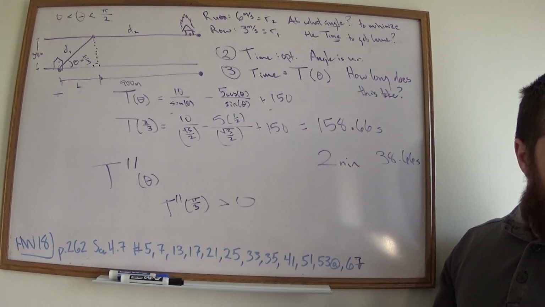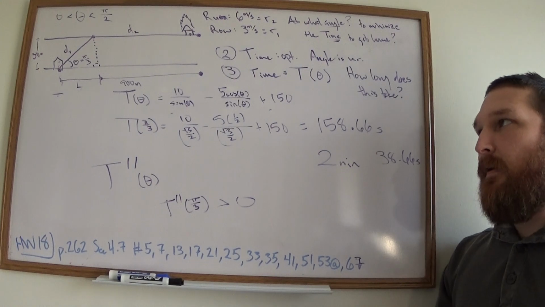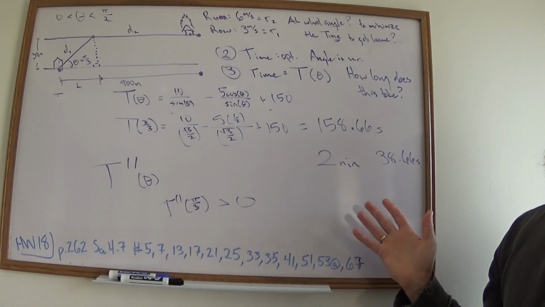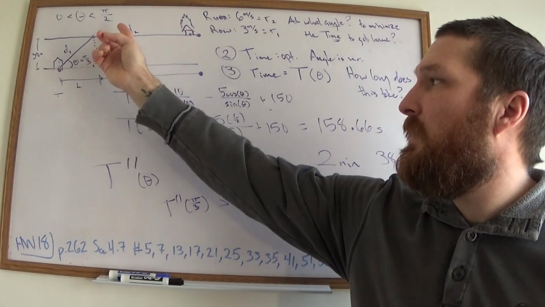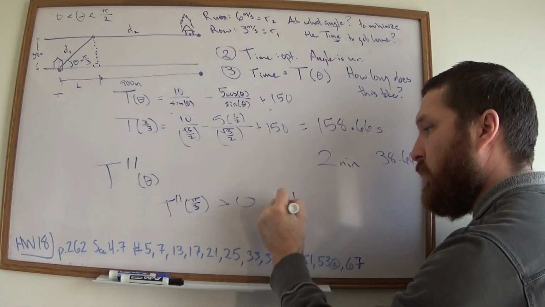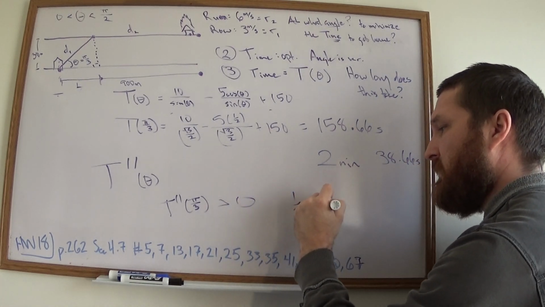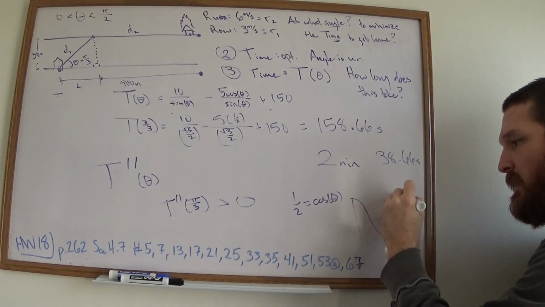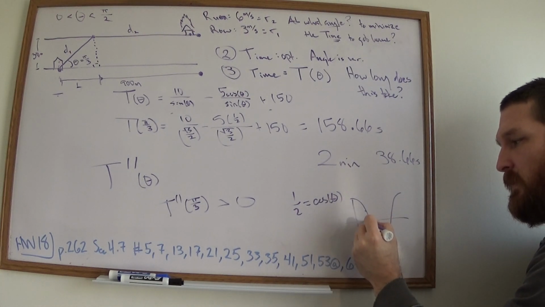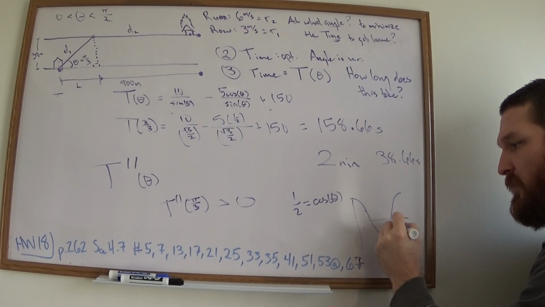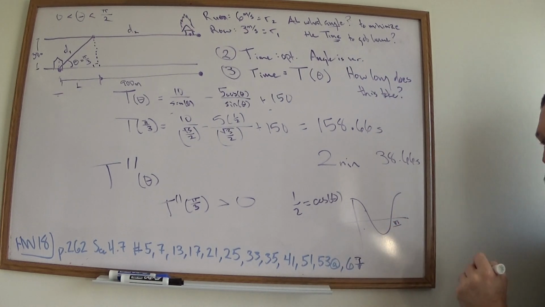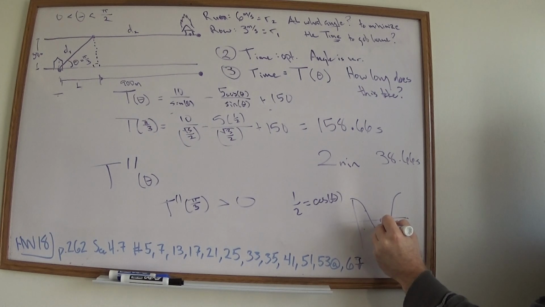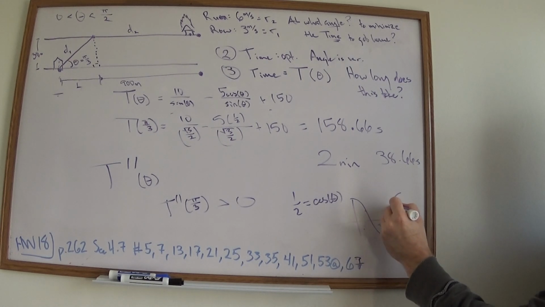I probably don't need it. There's going to be one or two problems where you'll have to do that. But in this problem, this was the only one because we found that one half equals cosine theta, right? And we could see that cosine theta is one half only in the first and the fourth quadrants.